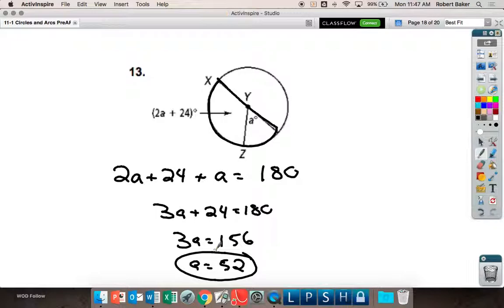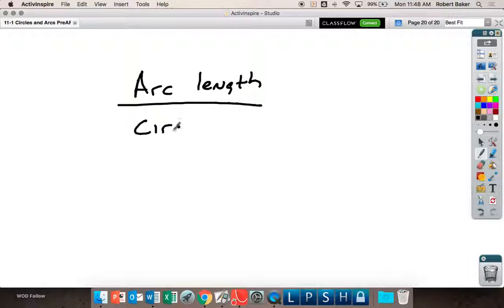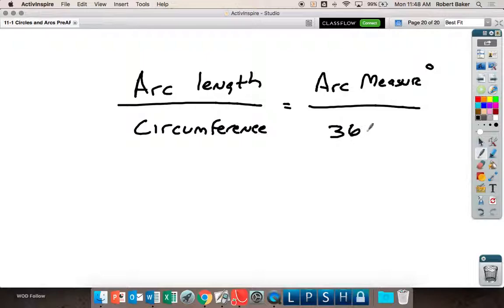Alright, so what I want to leave you with today is make sure you have this formula somewhere in your notes. That's length over length equals degrees over degrees. It's a portion of the length over the whole length equals the portion of degrees over the whole degrees.